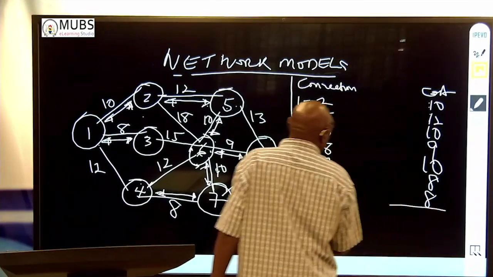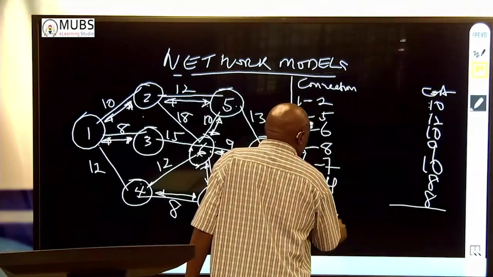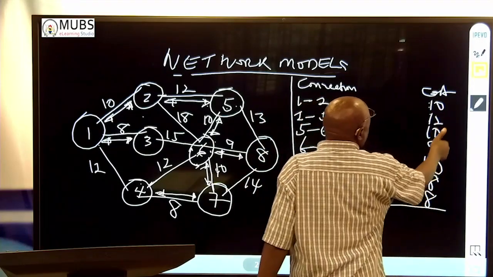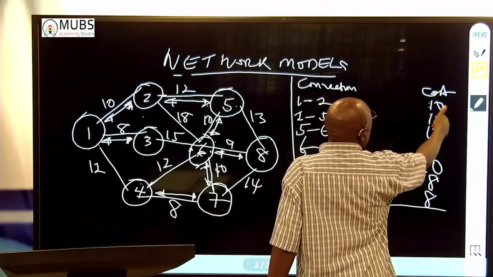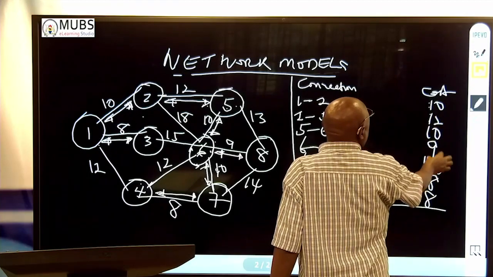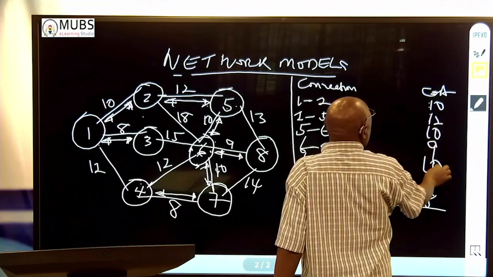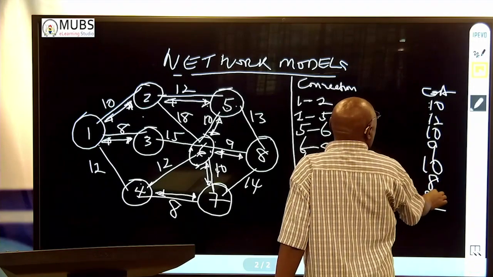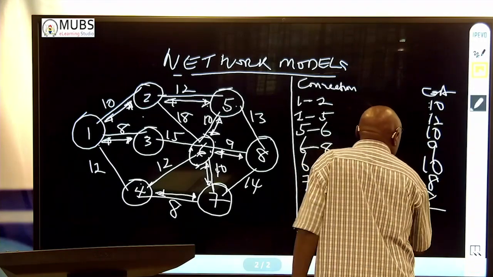The total would be what? Total would be 20, 30. This is 30. 30, 50 plus 17 is 67.